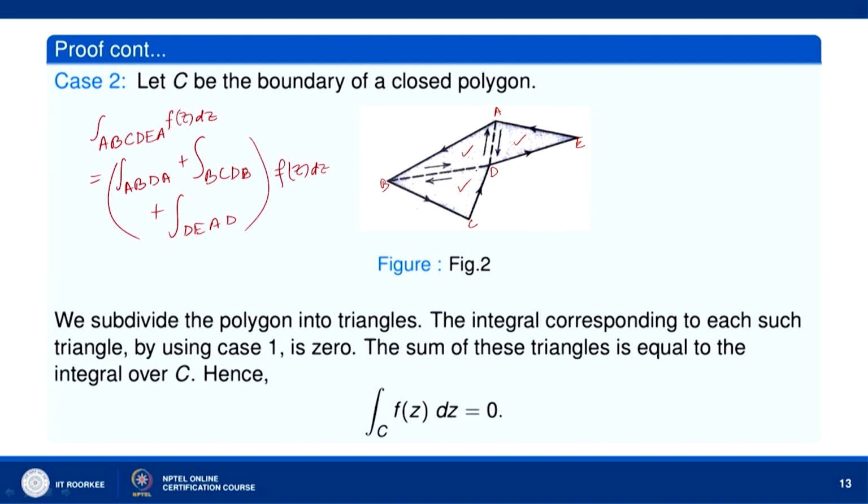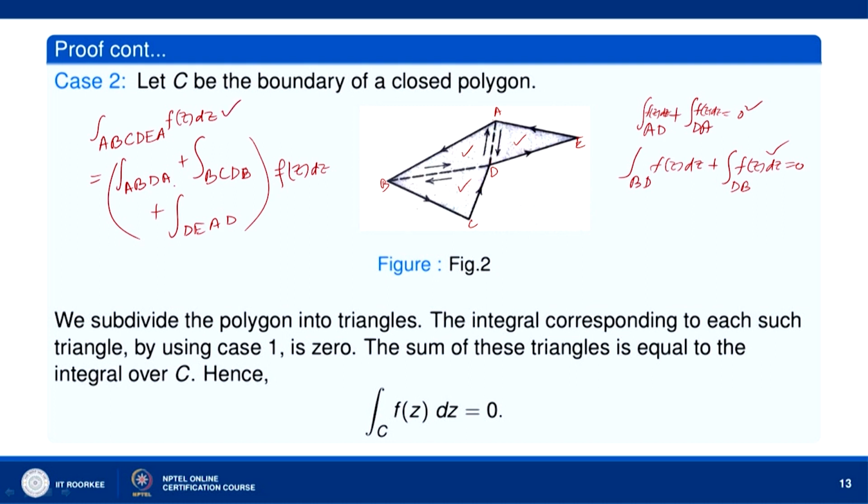While finding these integrals, we will be moving along BD and DB in opposite directions, and then along DA in the opposite directions, AD and DA. So, the integrals along AD and DA will cancel, and similarly the integrals along BD and DB. So, the sum of these 3 integrals will be equal to this integral.